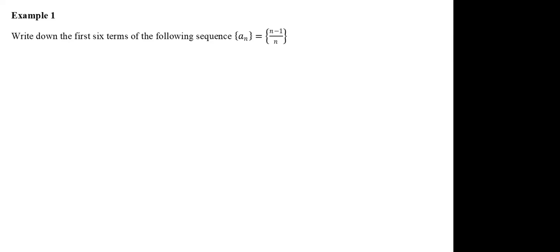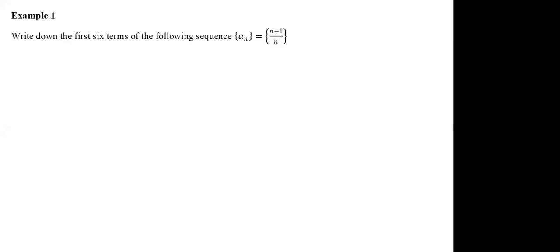Finite. It's going to give us a finite sequence because we already know where we are going. We want to get the first 6 terms of the sequence, that is, the first, second, third, fourth, to the 6th term. Now, the domain of this sequence will be from 1 to 6.